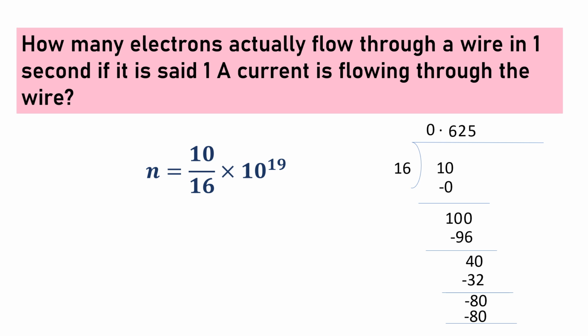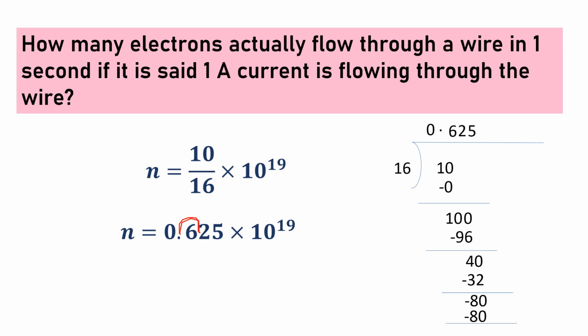So in place of n, we can write n equal to 0.625 multiplied by 10 raised to 19. Okay, now there's a conventional rule in physics that you should put the decimal point next to one digit from the left, and that digit should not be 0. In this expression, we had the decimal point next to one digit, but it was 0. So let us shift the point. Let us do one right shift so that the point comes after 6.